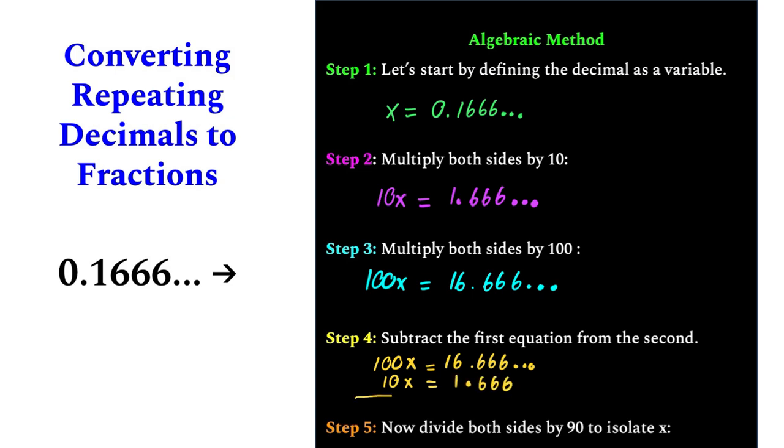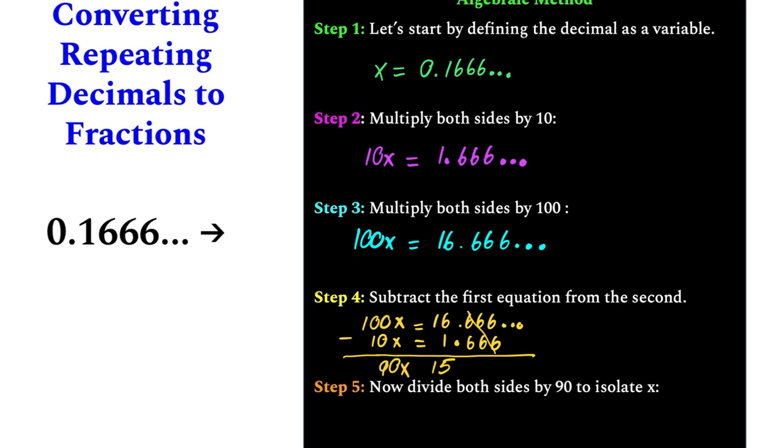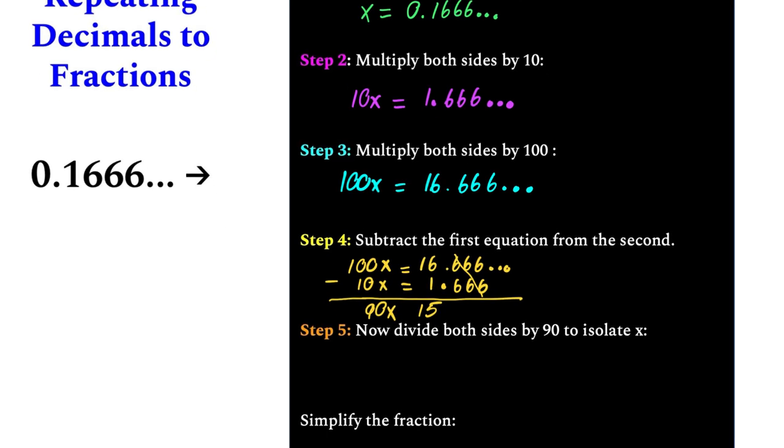Here you can clearly see if we subtract, you will be able to eliminate the repeating digits. And therefore, this will be 15 equals 90x. The last step will be dividing both sides by 90.